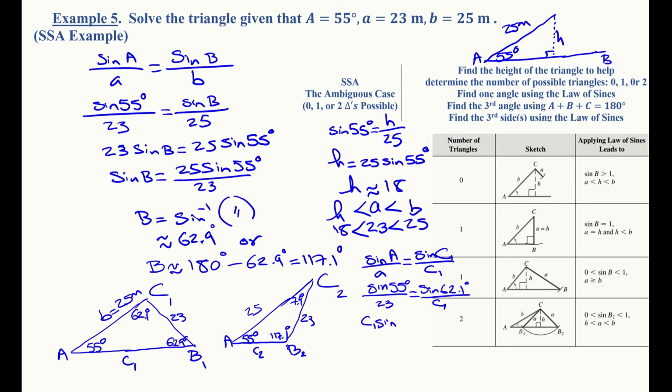So when we cross multiply, we get c1 sine of 55 degrees equals 23 sine of 62.1 degrees. So C1 will be 23 sine of 62.1 degrees divided by sine of 55 degrees.